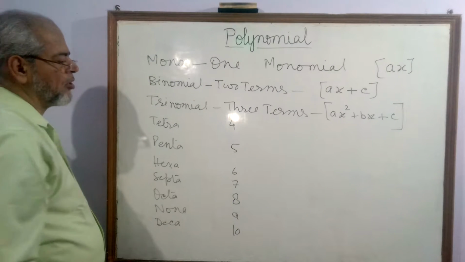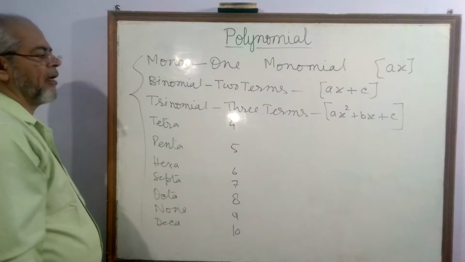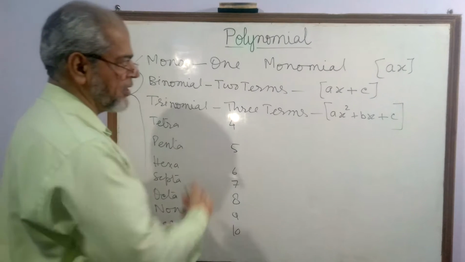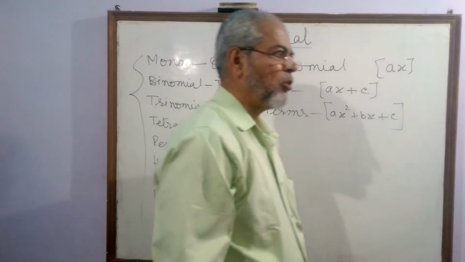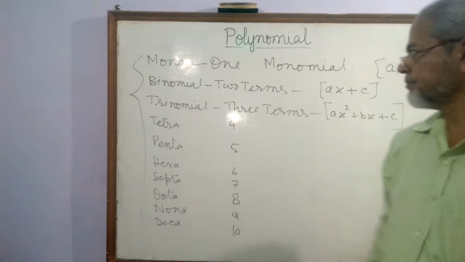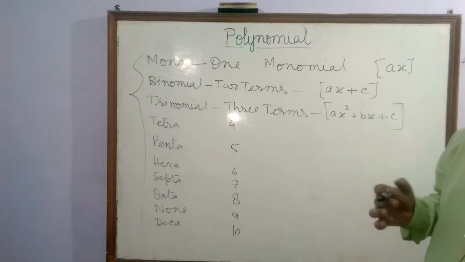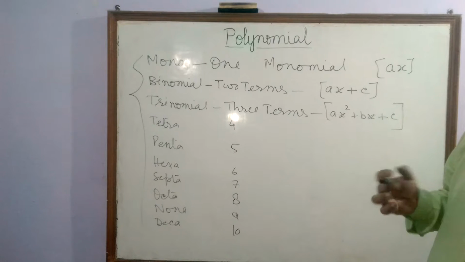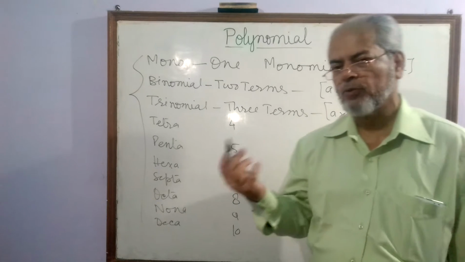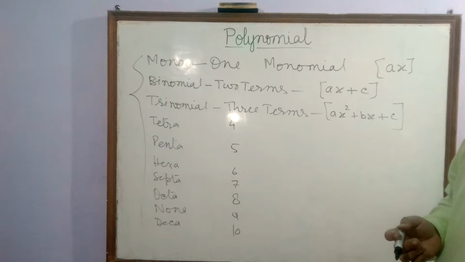These are the number of terms these polynomials may have. So this is just the introduction of polynomial. What is polynomial? So any algebraic expression which has f(x) is equal to a0 plus a1x plus a2x square plus a3x cube and so on, these are called polynomials.